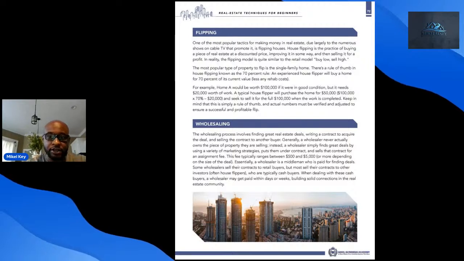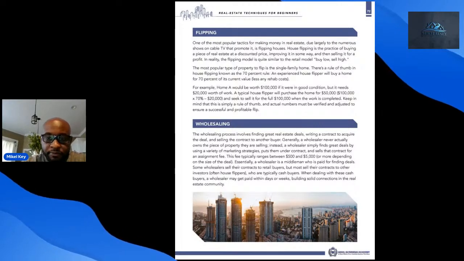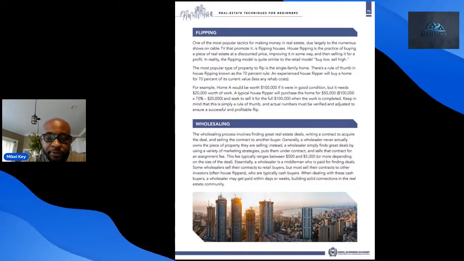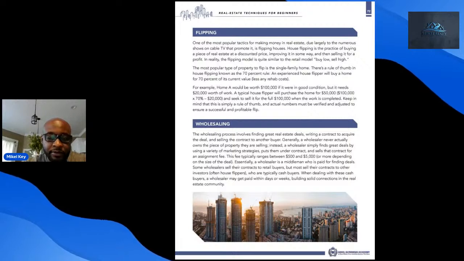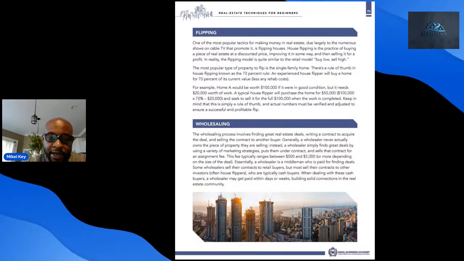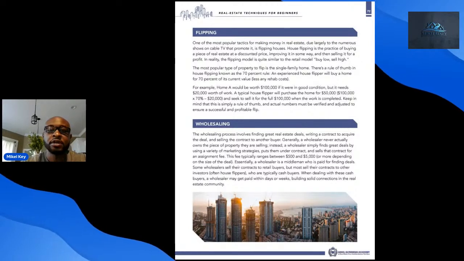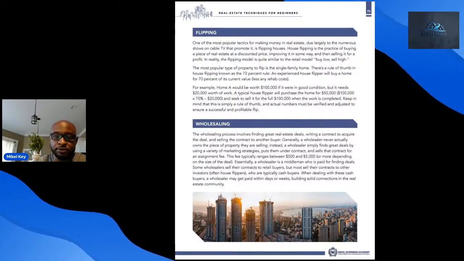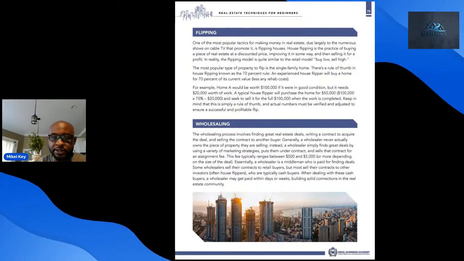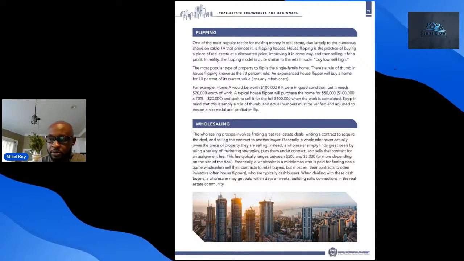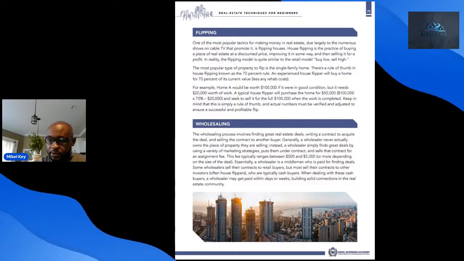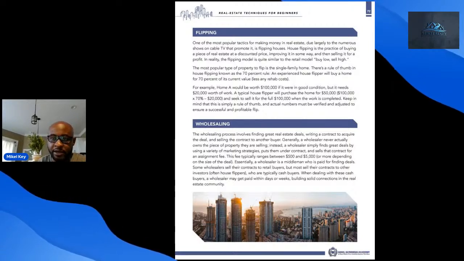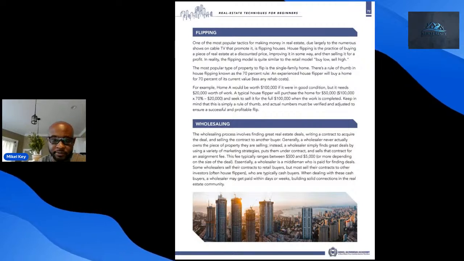The 70% rule says you can pay no more than 70% of the after repair value, and that's going to be the cost to buy the house and the cost to renovate the house. There's a good example in the book on page 72 that walks you through that process.